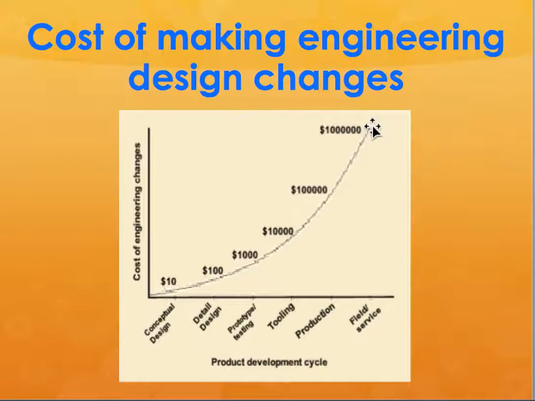This is a rough number, but you can see what I'm getting at. It's going to cost you a lot of money to make those changes after it has already been introduced into the market. Even this is expensive in the prototyping and testing stage itself. But suppose you make all these changes here itself, then you are saving a lot of money, not only for your company, you are increasing the profits of your company and so on.